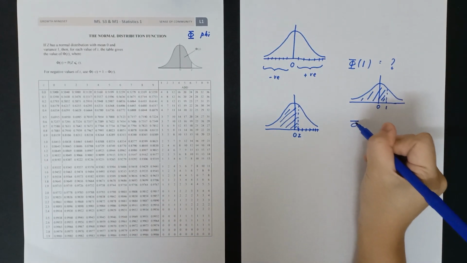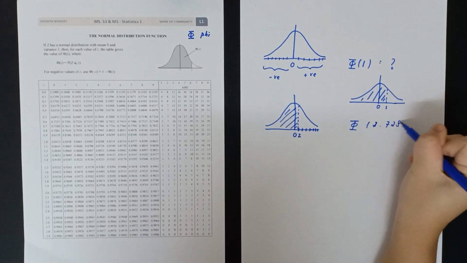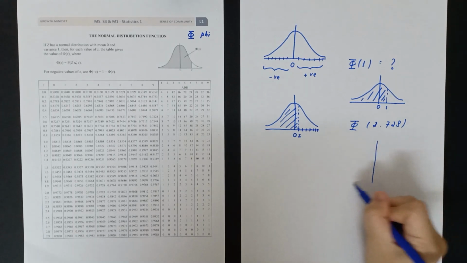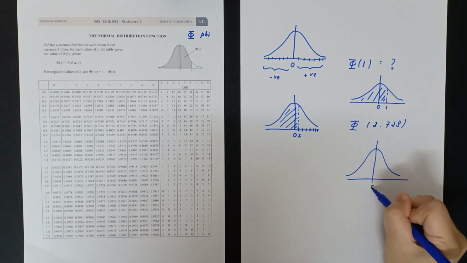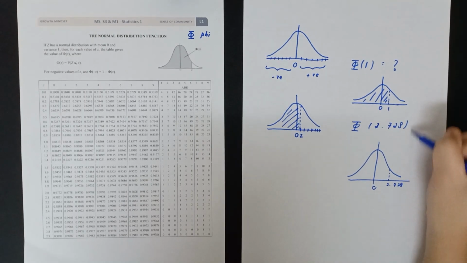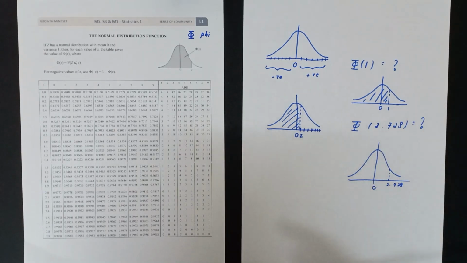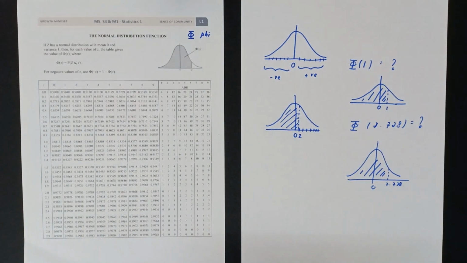If I'm trying to read phi 2.728, it also means that I have this bell-shaped curve, my 0 is in the middle, and what I am getting from the table is the area under the curve before 2.728, meaning everything to the left hand side only, and you can't read anything negative from your table.